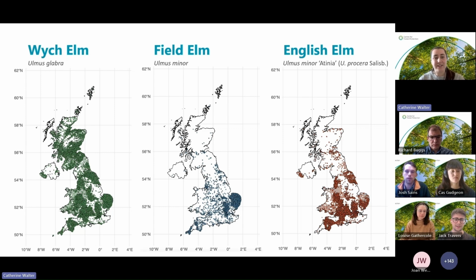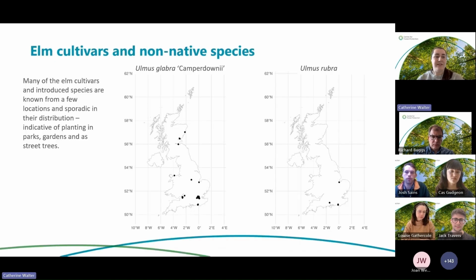So this was a really great starting point, and the distribution was similar even when you filtered the records for those more recent ones. And then, as I mentioned, there are lots of elm cultivars and non-native species that have been planted in the UK. The distribution of these showed this nicely, as their distributions were rather sporadic and they were more rare in occurrence, which indicated them being planted in gardens or as street trees.